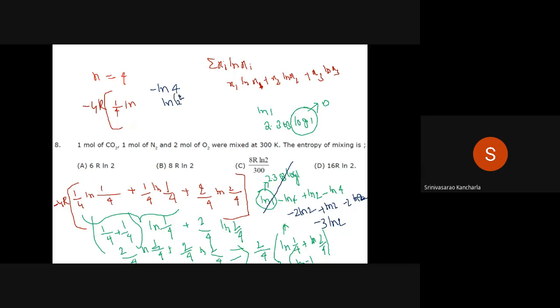Is that okay? Yes, sir. So you know that if you have ln a upon b, this can be written as ln a minus ln b. This is the formula. You remember that? So you write it as minus 2 natural log 2.